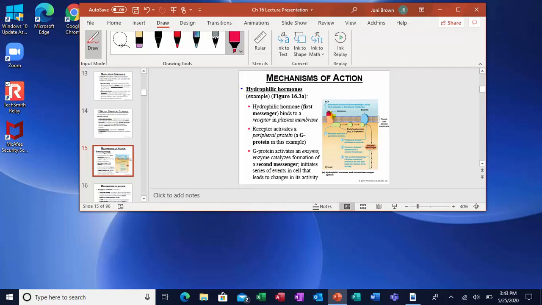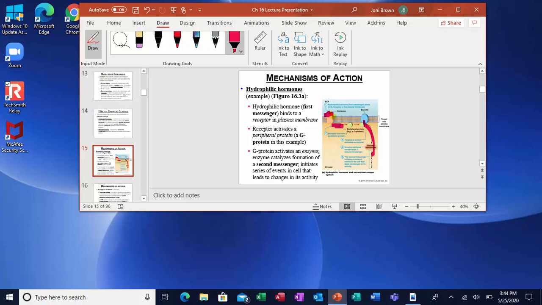Bind to the plasma membrane here, receptor in the target cell. And what that does, that activates this peripheral protein. A G protein is an example of that. And that G protein will activate an enzyme that will make a second messenger that will cause some changes in the cell.